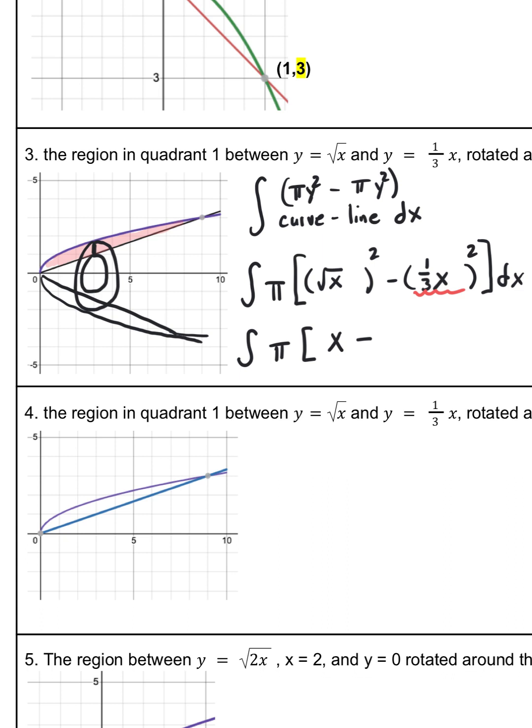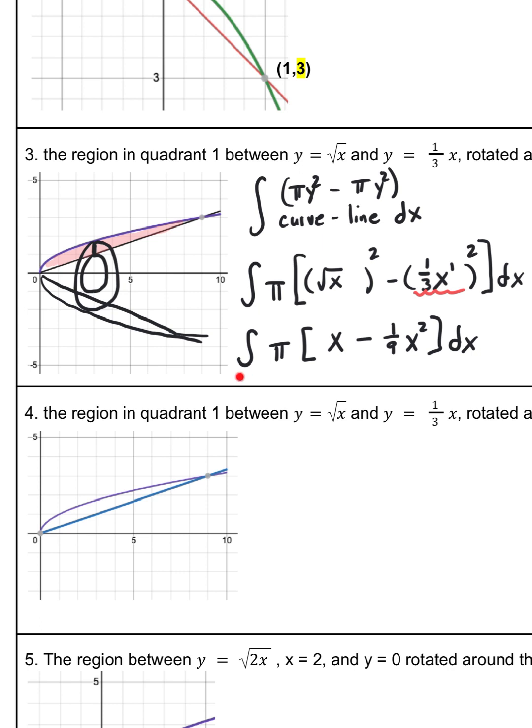So if we square 1/3, 1/3 times 1/3 is 1/9. And when we raise one power to another, we multiply, so we have x squared, 1/9 x squared. There we go.